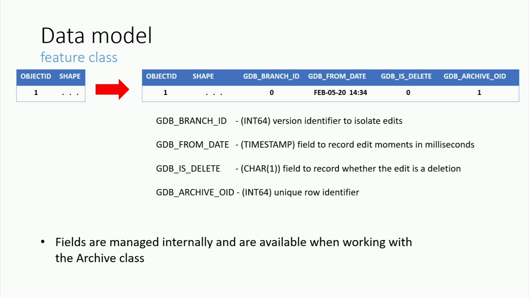Things such as the branch ID, the from date. Is this a delete record? What is the archive OID? The unique row identifier. These are things that we will add on to any feature class or object class or other system maintained tables that are enabled as branch versioning.